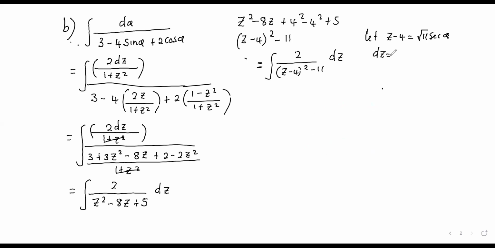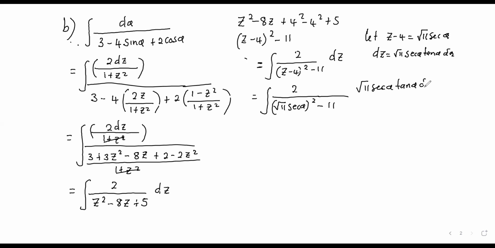dz is going to be root 11 sec theta tan theta d theta. So we'll substitute the integral of 2 over root 11 sec theta squared minus 11, times root 11 sec theta tan theta d theta.